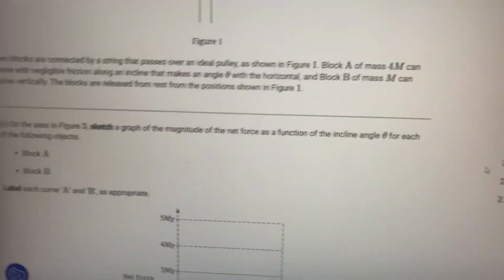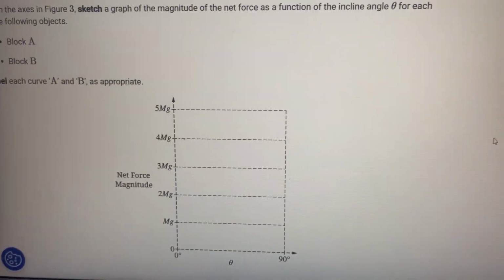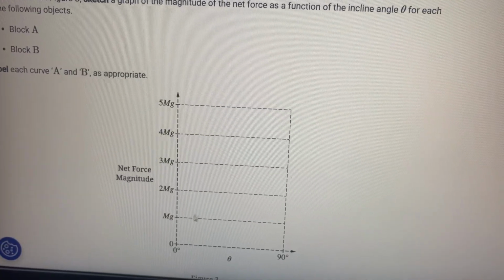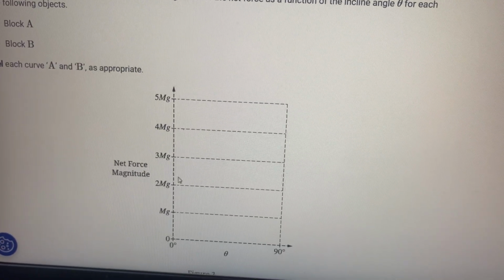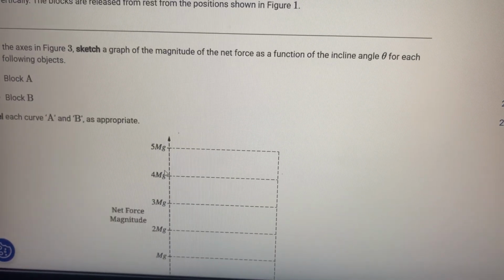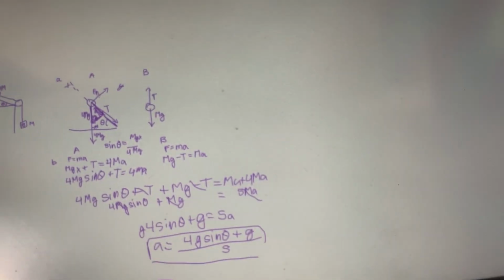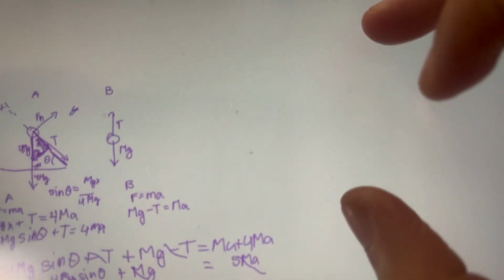Okay, so they give you this graph, and they're asking you to find or graph the net force magnitude of the blocks at a certain angle. The angle, let me just redraw the thing.